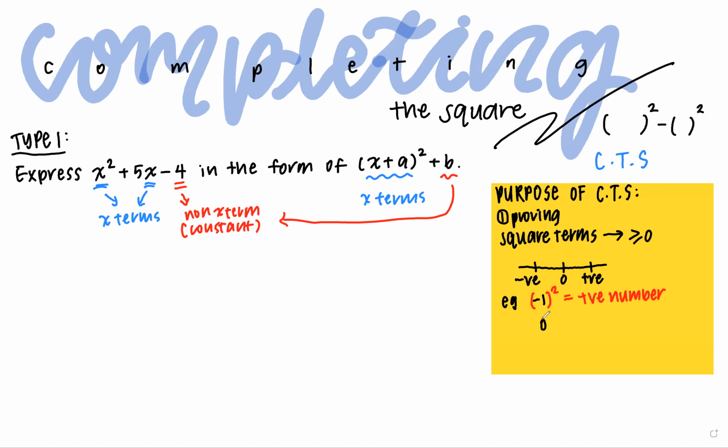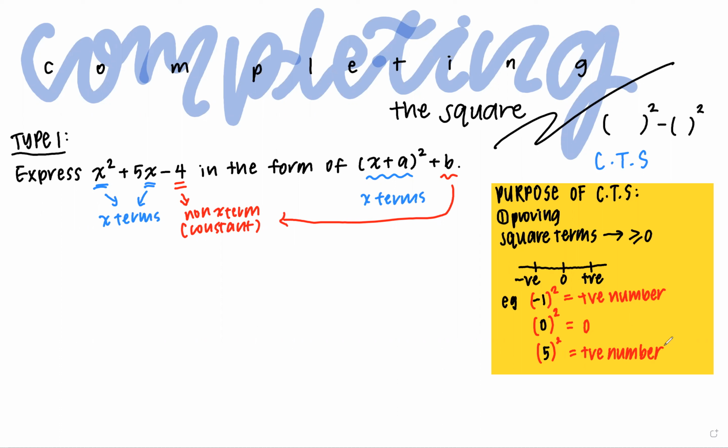I take 0 and square it. I get 0, right? Last one, can you give me some random positive number? 5. Okay, so I square 5. What do I get? A negative or positive number? Positive number also, right?